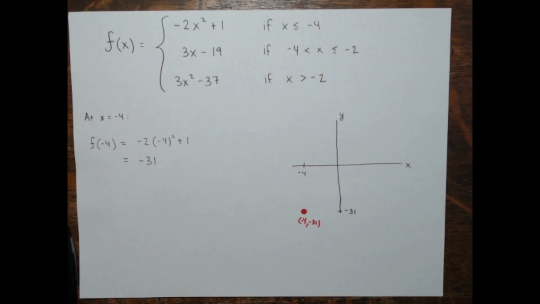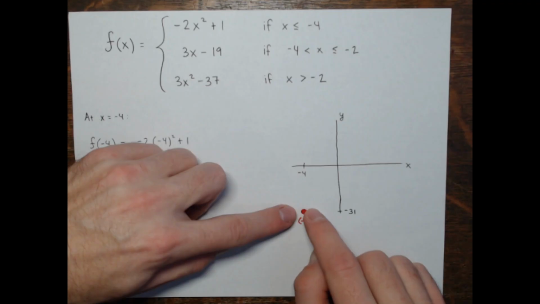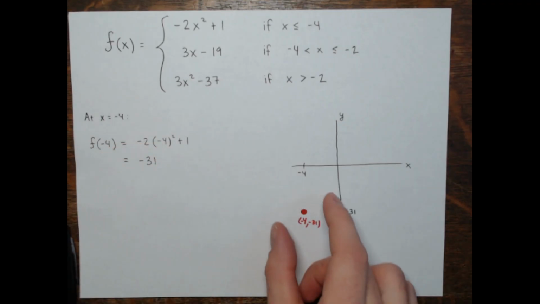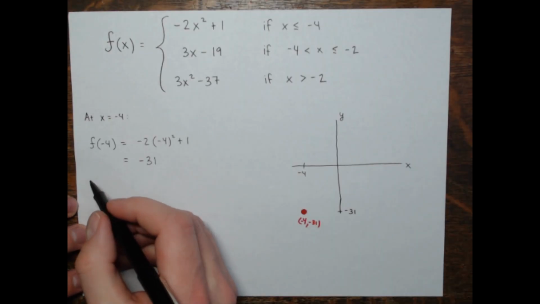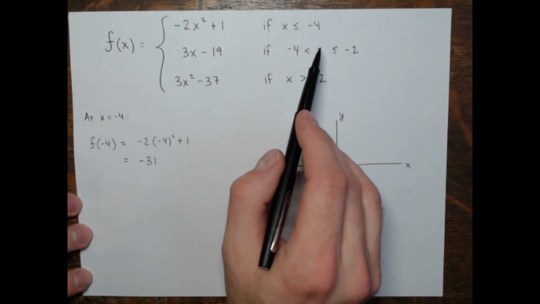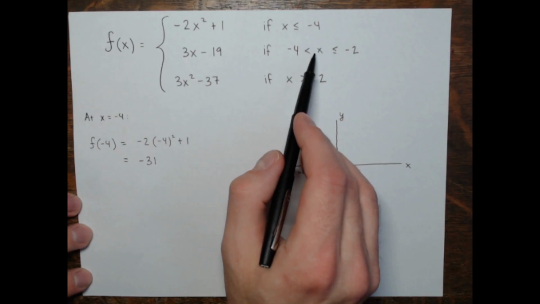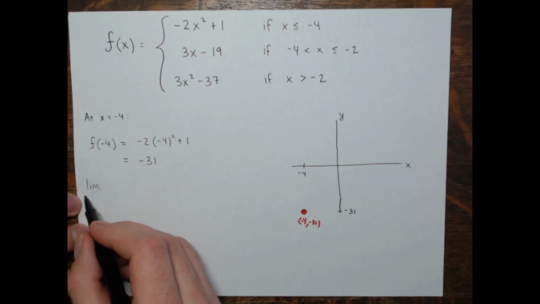All right, now I'd like to know, does the graph approach that location on both sides? Because if it does, then it's continuous there. Now, being piecewise and defined differently when you're less than -4 and when you're greater than -4, I'm going to do the left side and right side limits separately.